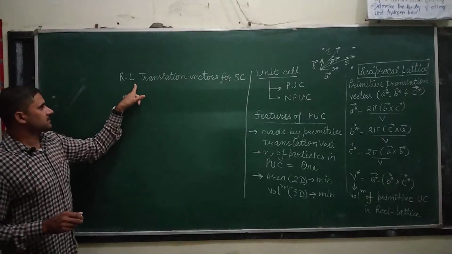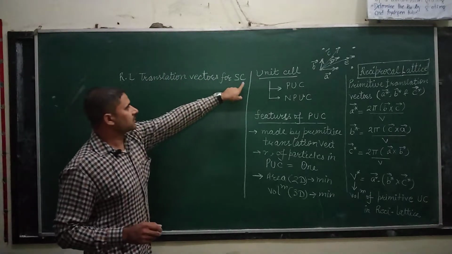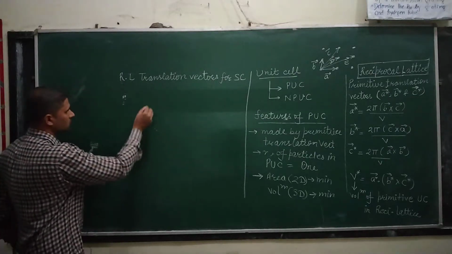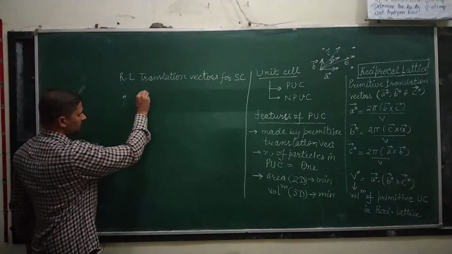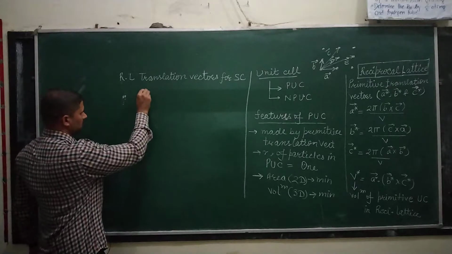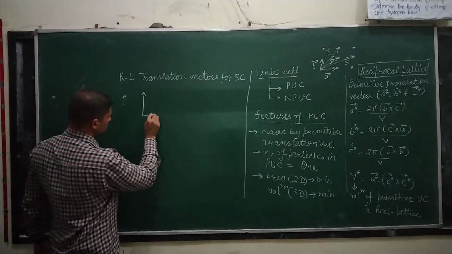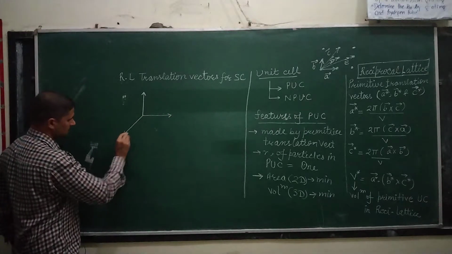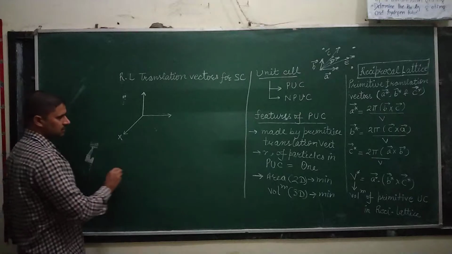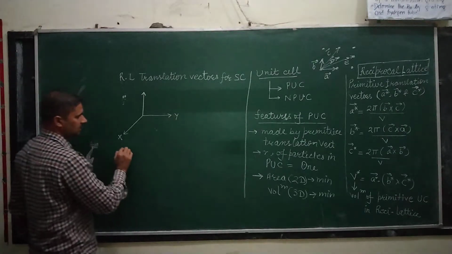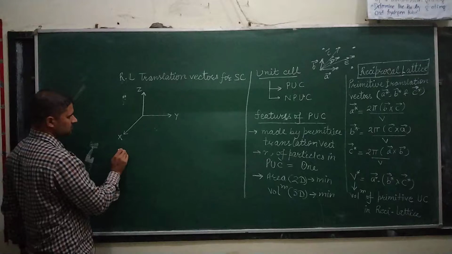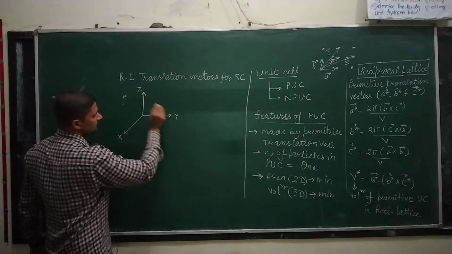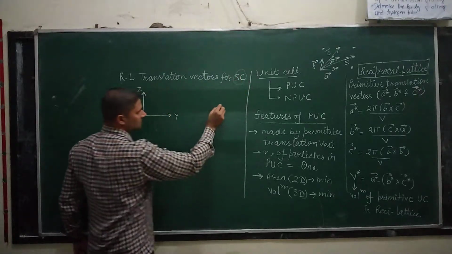Here you will see the reciprocal lattice of simple cubic, where the simple cubic is in the direct lattice. Firstly, see how a simple cubic structure looks. I am taking the x-axis along this direction, the y-axis along this direction and the z-axis along this direction. This is the meeting point, the origin, and let this be the simple cubic.